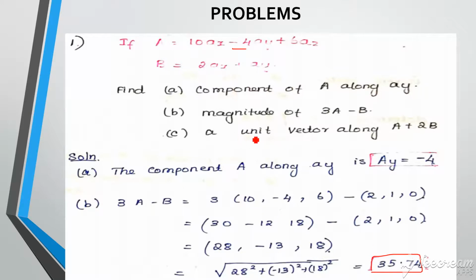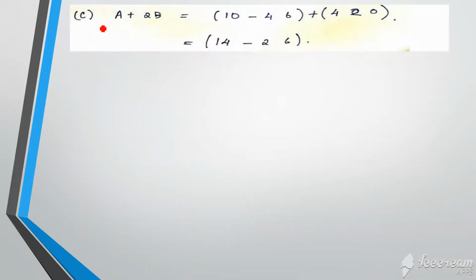The third subdivision is the unit vector along A plus 2B. First we need to find the vector A plus 2B, then find the unit vector corresponding to the resultant. So A plus 2B can be written as A in point format, plus 2 into B. The B value is already known: 2, 1, 0.